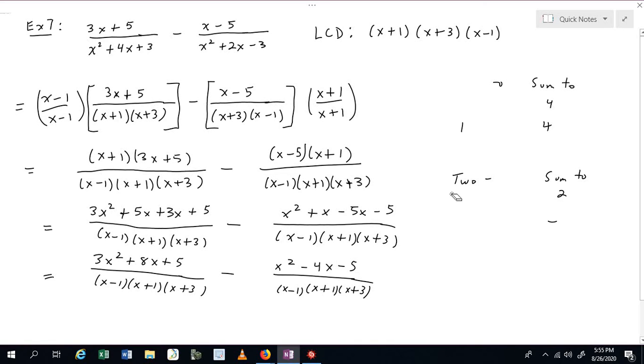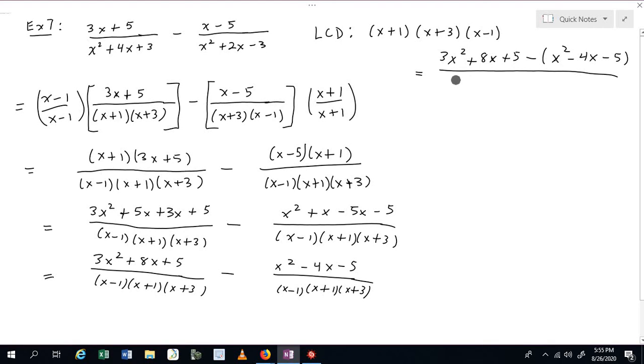Since we have the same denominator, we can now subtract the numerators and put it over the common denominator. So then we have this polynomial minus this polynomial. This subtraction sign means you're subtracting this entire thing, so I'm going to put it in parentheses, all over the common denominator.